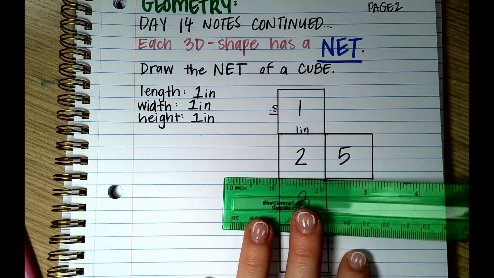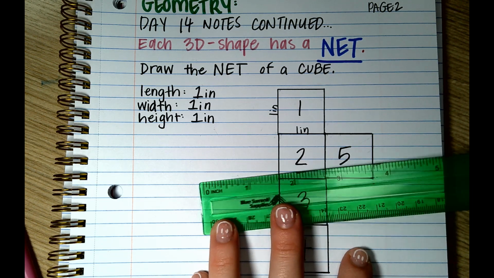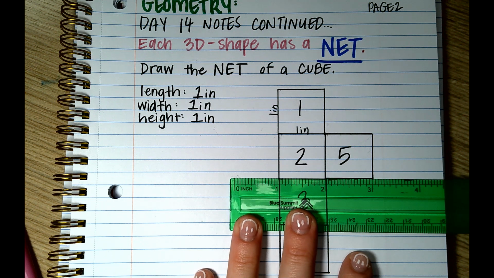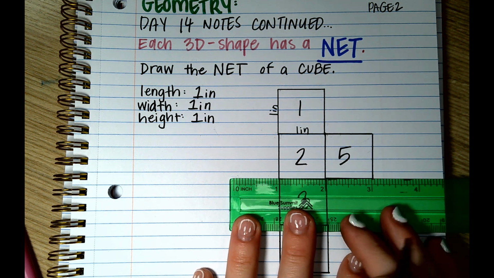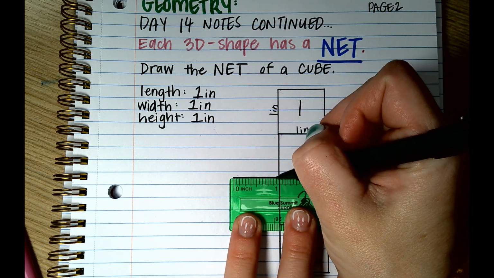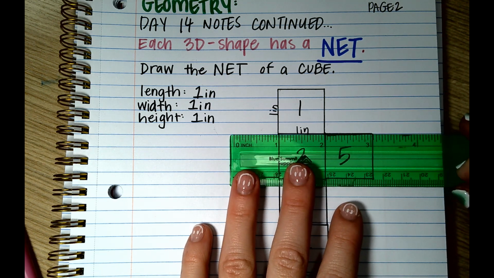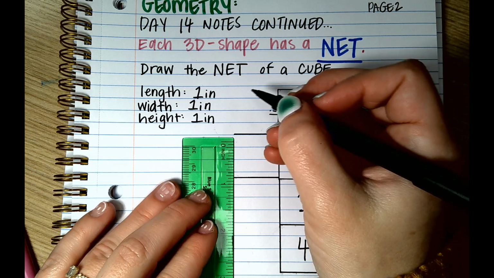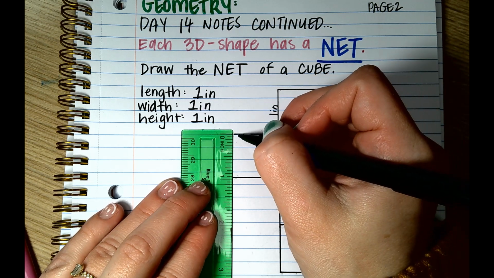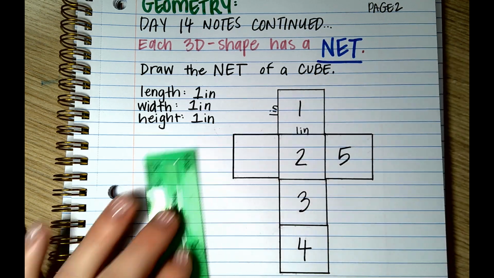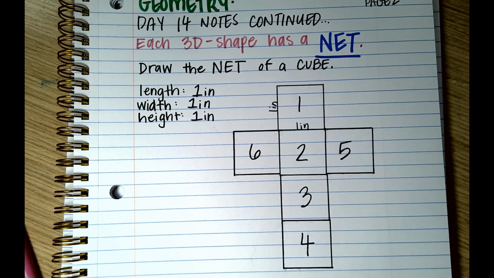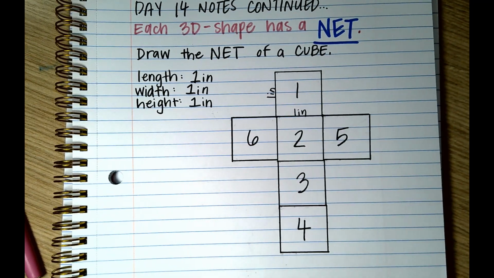Yeah, you do want to make sure it closes up. So I'm just going to put mine side by side so they create this sort of cross shape. And there's 6. So here's my net.